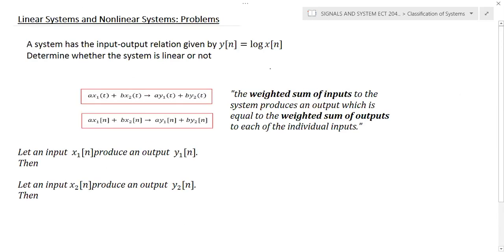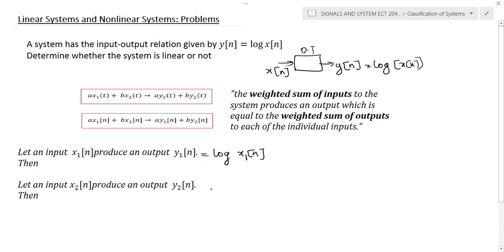Now we'll consider the logarithm of x of n. For this discrete time system, if the input is x of n and the corresponding output we can represent by the letter y of n, which is the logarithm of the input signal x of n. And for the given input x1 of n, the output is y1 of n, and you can write this y1 of n by comparing with the standard equation, log x1 of n. And similarly for x2, you can write it as log x2 of n.